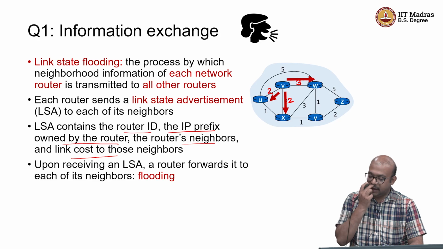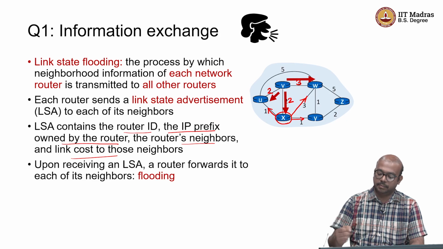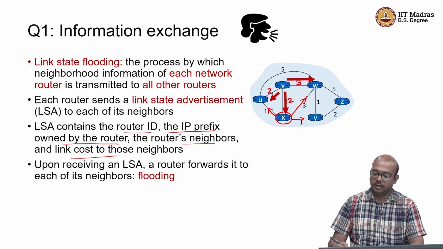So when X receives the message from V, X is going to forward this message to W and Y and U as well, right, because it is not only receiving from V, so it may not go towards V, but it is going to go towards other nodes, okay.